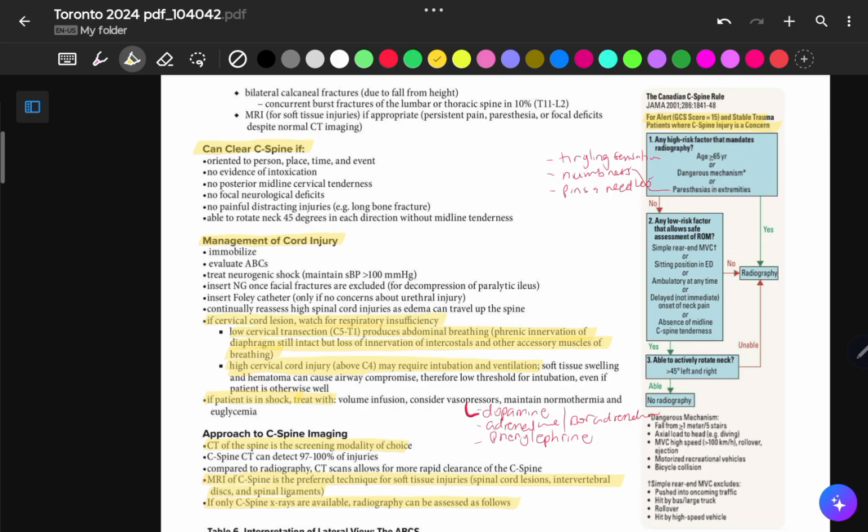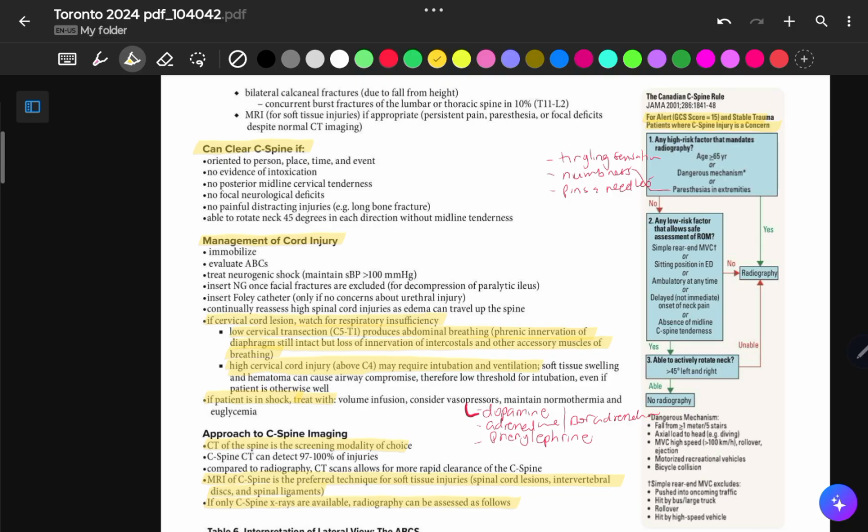It's going to produce abdominal breathing because the phrenic nerve innervates the diaphragm and is still intact, but you do have loss of innervation of your intercostal and other accessory muscles of breathing.